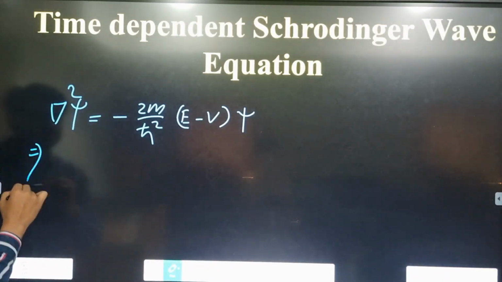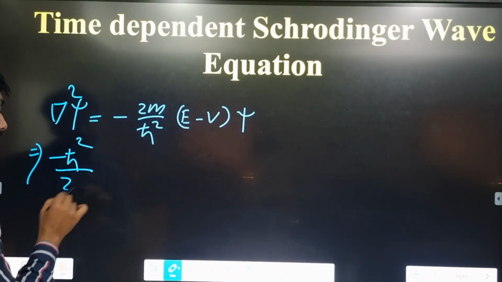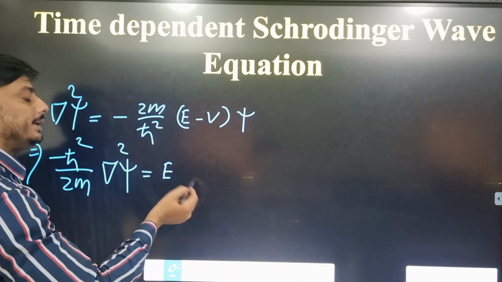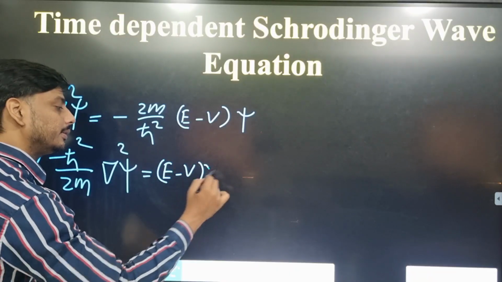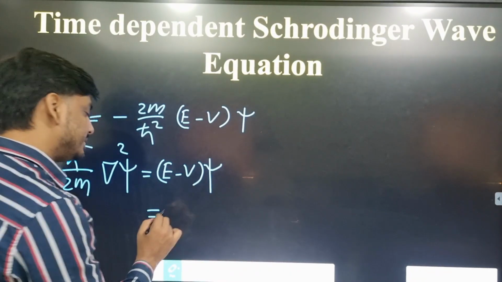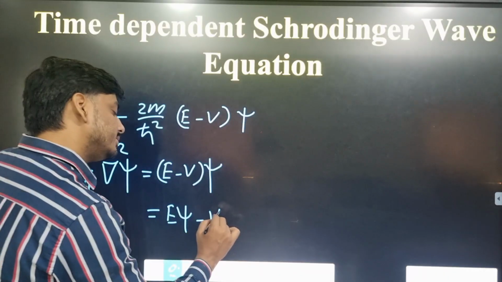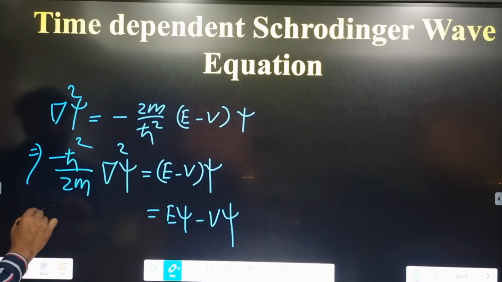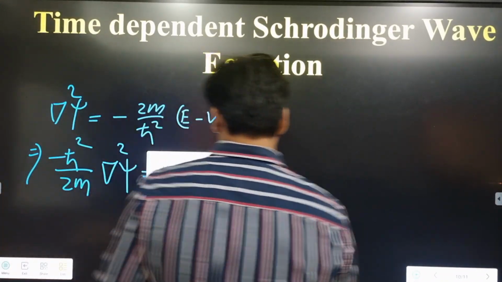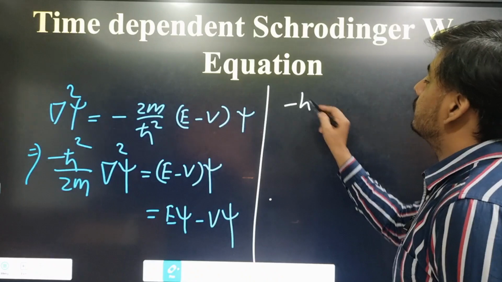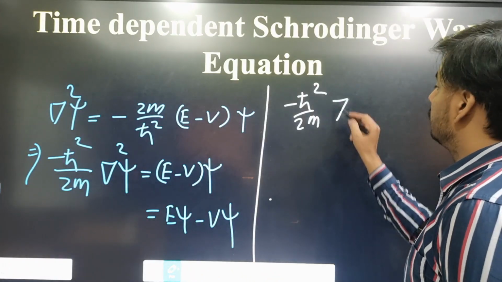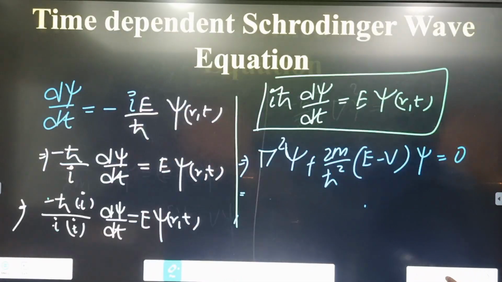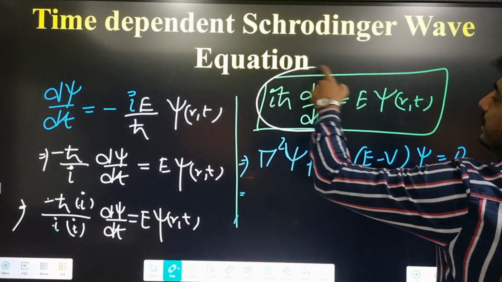We can cross multiply here. This will be minus h cross square by 2m del square psi equals (E minus V) psi, and the right hand side is nothing but E psi minus V psi, same thing. If we take V to this side, minus h cross square by 2m del square psi equals E psi minus V psi. Already we have written what E psi is: i h cross del psi by del t.